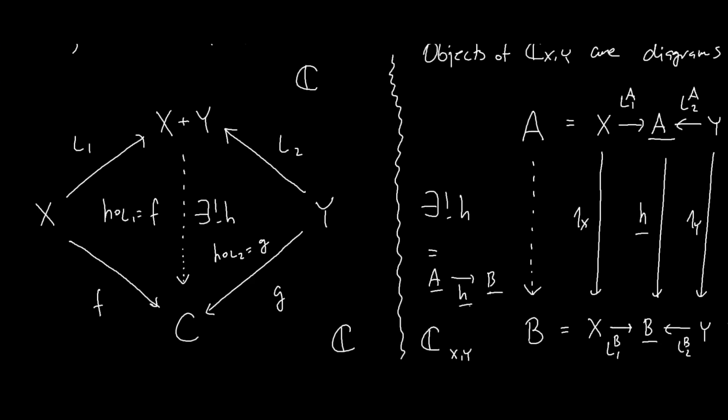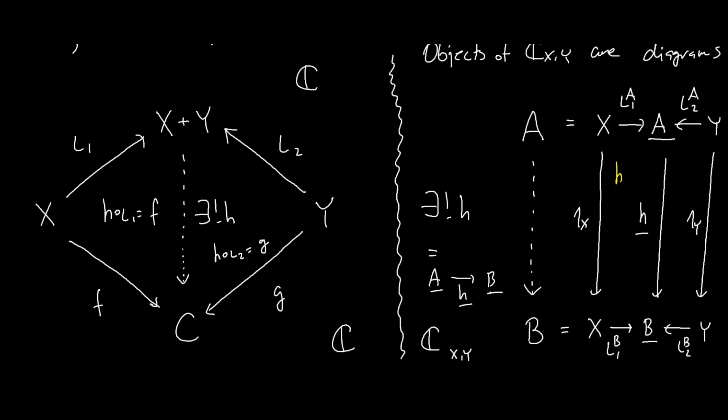So if we agree that objects in this category C with subscripts X and Y, objects are diagrams of this form with a fixed X and a fixed Y. So this is one object, this is another object, and there are many others, as many as there are these kinds of diagrams with the left side being X and the right side being Y. We agree that objects are these, and we agree that a morphism from one such diagram to another such diagram is given by a morphism between the middle parts of the diagram, making the diagram commute.